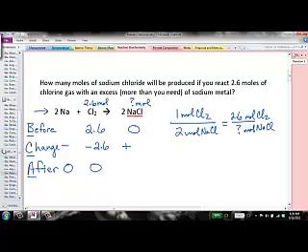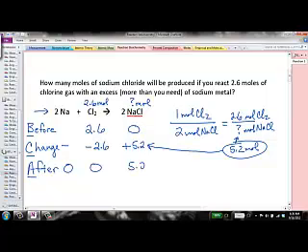As you can see, if I solve for my unknown in that ratio, the answer is going to be 5.2 moles, and that value is what goes in the change line. Then my after line would be 5.2 moles, and that is the answer to the question: how many moles of sodium chloride could I produce from 2.6 moles of chlorine.